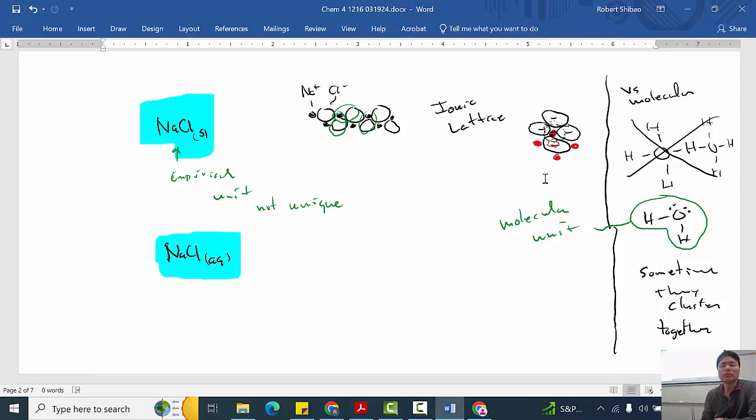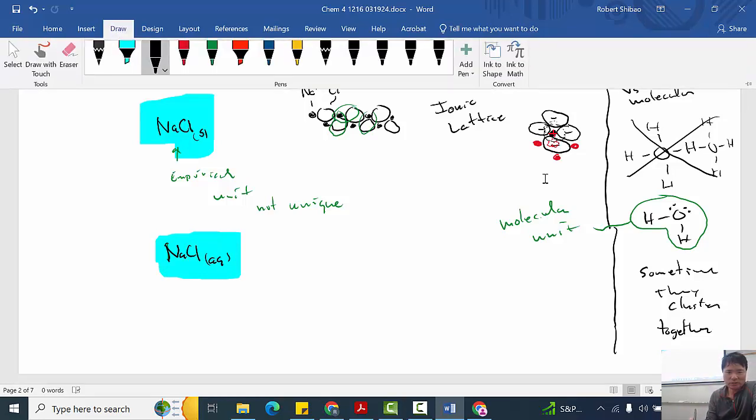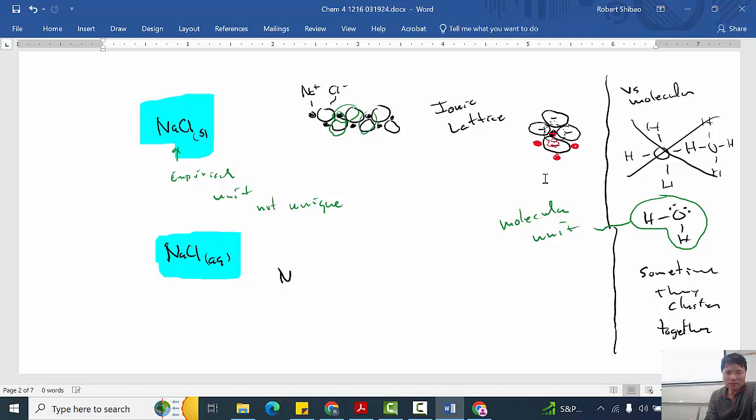Now, what happens is, we answer this question in two ways. If we take solid sodium chloride and we add water, we can make aqueous sodium chloride. And so the sodium chloride dissolves. But what happens when it dissolves?